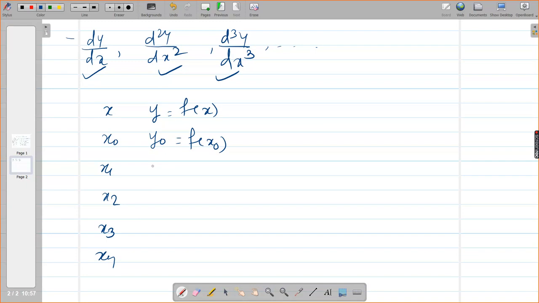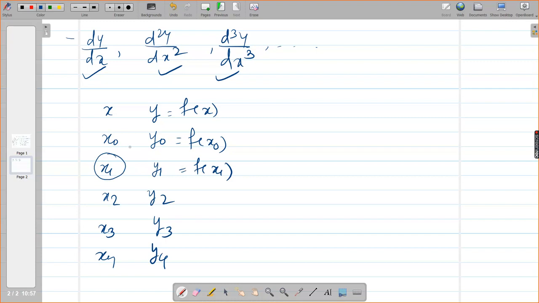We know only its values at certain x values. Then y1 will be f of x1, y2, y3, y4. So we will be given these values. If I want to find the derivative of the given function at x1, which is present in the table, there is one formula for that.